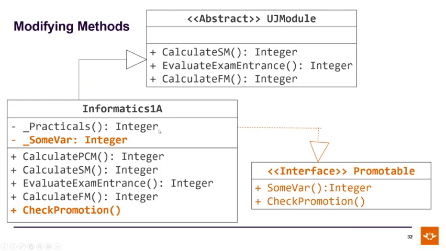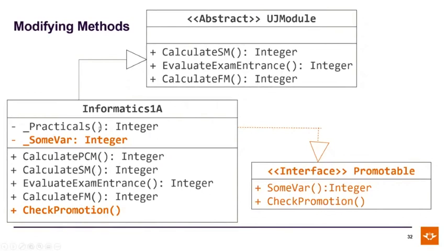What this means is an Informatics 1A is a UJ module, but it is a promotable as well. It becomes both. It's not a base class, it's an addition. So it has the promotion option as well.